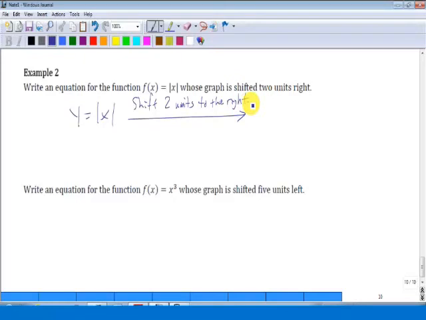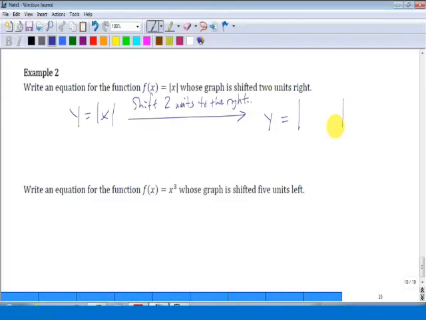If you want the graph that looks just like the absolute value function, but 2 units to the right of the absolute value function, what we're going to do with the right-hand side: absolute value of x minus 2.